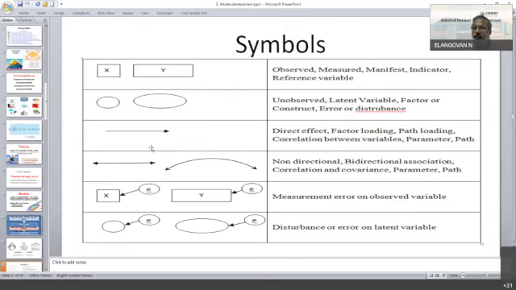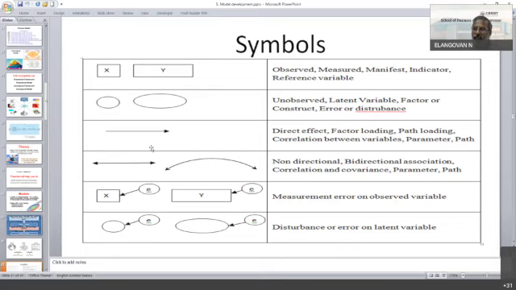Sometimes the single-headed arrow is called a loading. We'll come to that. What is a loading, and how do we understand the impact? Loading and impact are different.